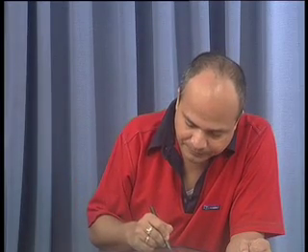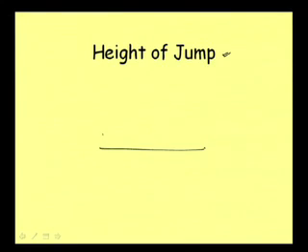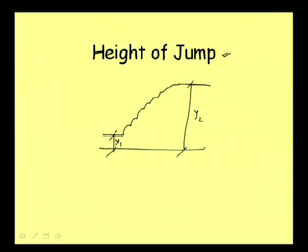For a jump, if it is jumping from this point to that point, then this depth is y1 and this depth is y2, and by height of jump we mean the difference between the initial depth and the final depth. So this is what the height of jump h is.